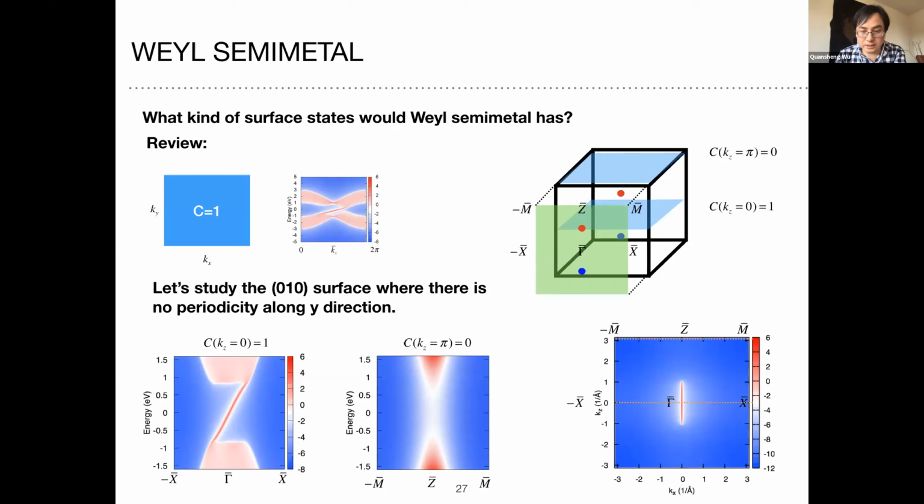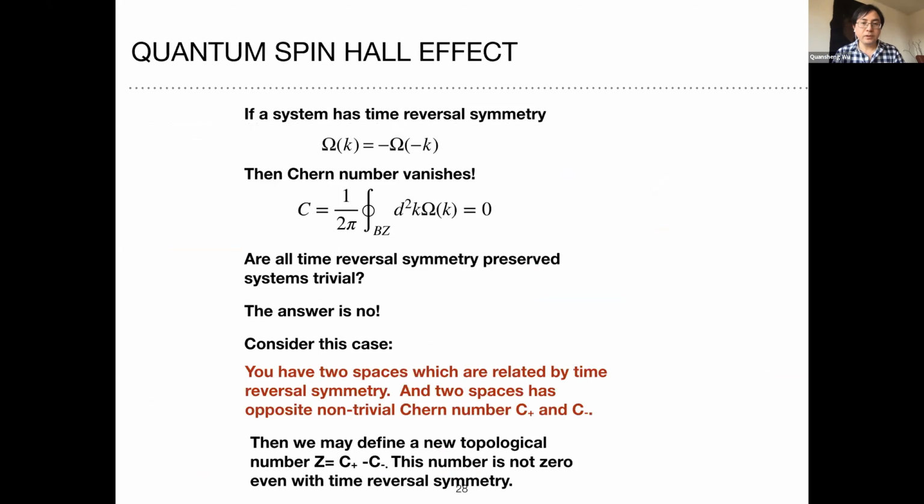So it's just a gapped bulk state. There are no in-gap states, so it means here there's no edge state. So it becomes very interesting: the Fermi surface becomes an arc. It's not a closed surface. So this is the strange Fermi arc states in the Weyl semimetal. Okay.